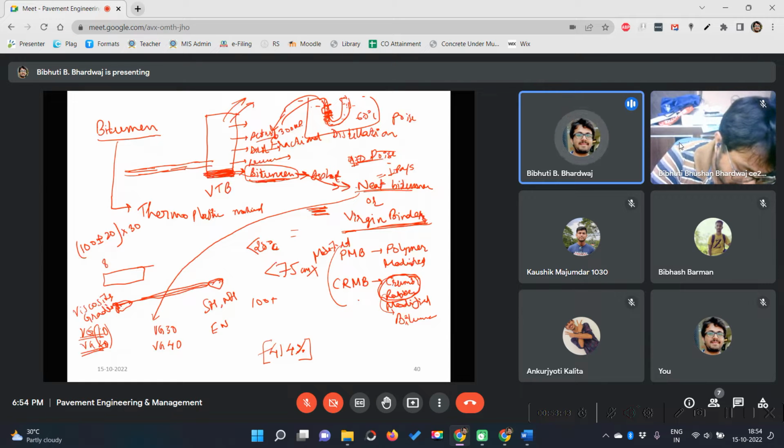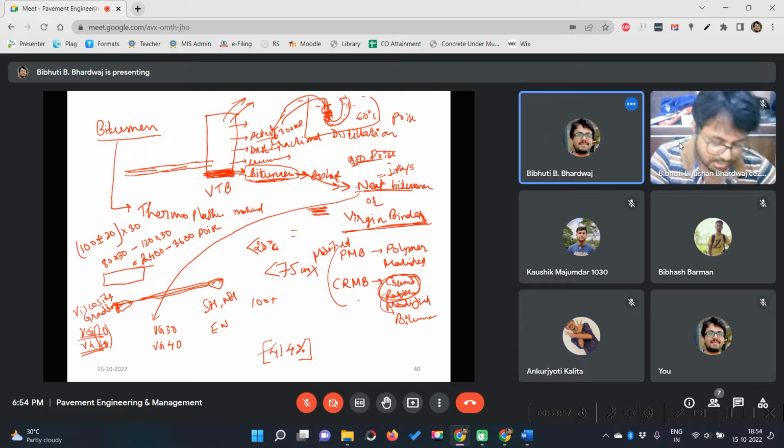So how much will it be? 80 into 30 to 120 into 30. So it will be 2400 to 3600 poise. That means VG30 bitumen will have viscosity of this much at 60 degrees centigrade.